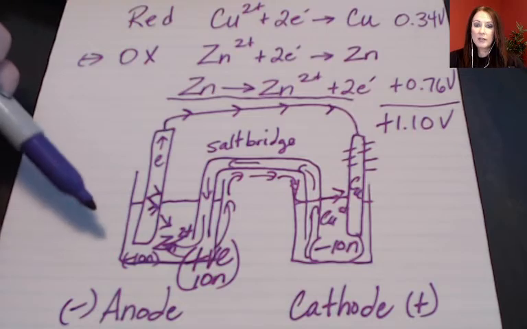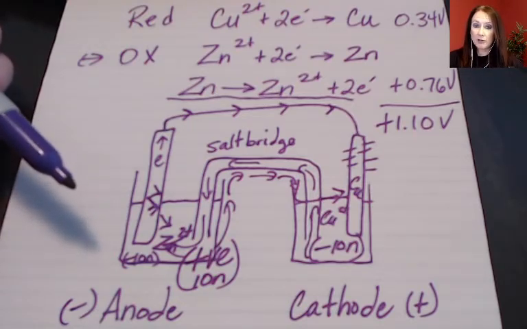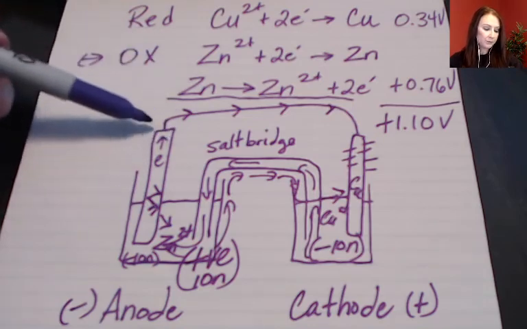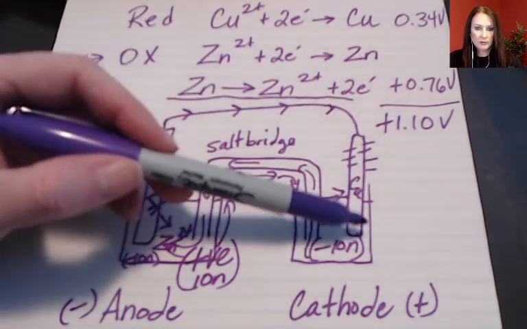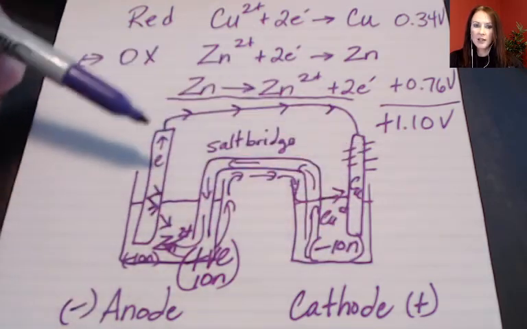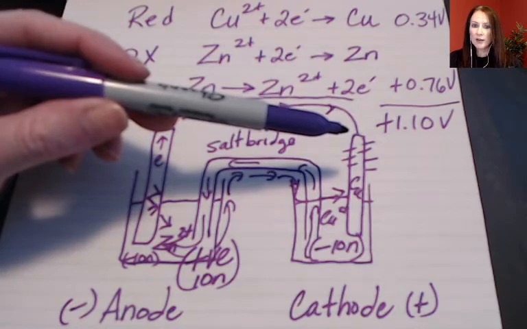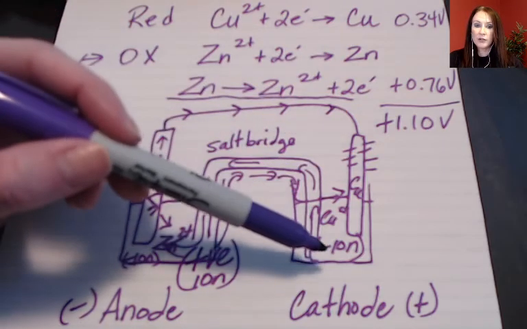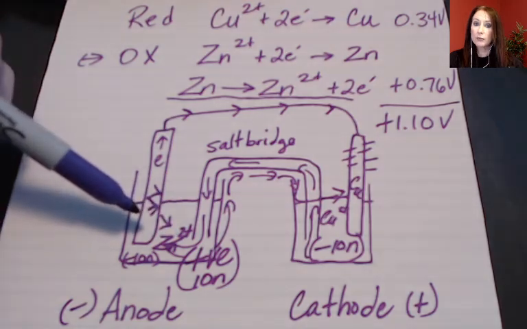But when you're labeling this for your quiz and for your final exam, this is what you're going to want to look for. So what is your anode? Right there. What is your cathode? Other side. Your electron flow always is anode to cathode through the wire. Your negative ion flow is cathode towards the anode through the salt bridge.